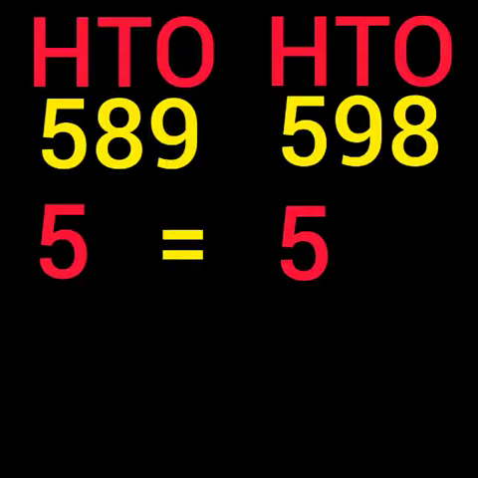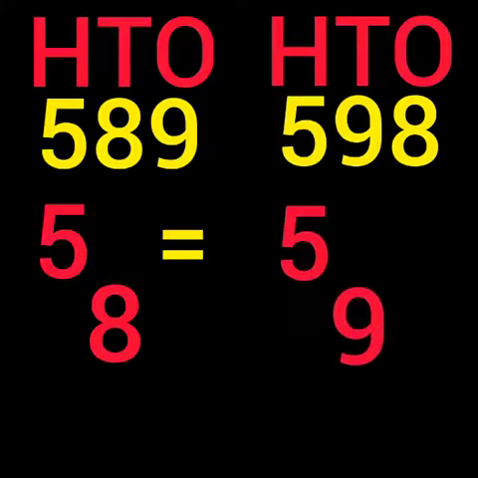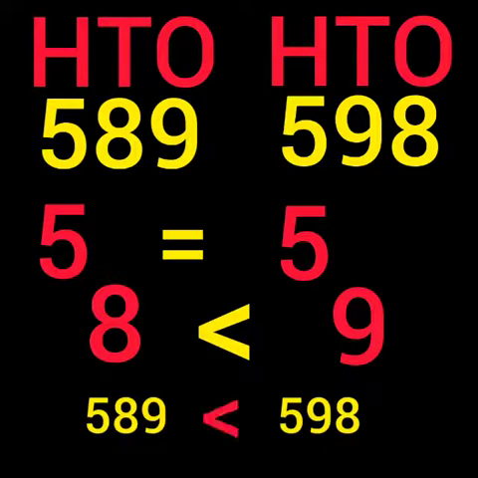So we should compare the second digit, or the number in the tens place. In 589 we can see 8 is the second digit, and in 598, 9 is the second digit. Since 8 is less than 9, or 9 is greater than 8, we can say 589 is less than 598.